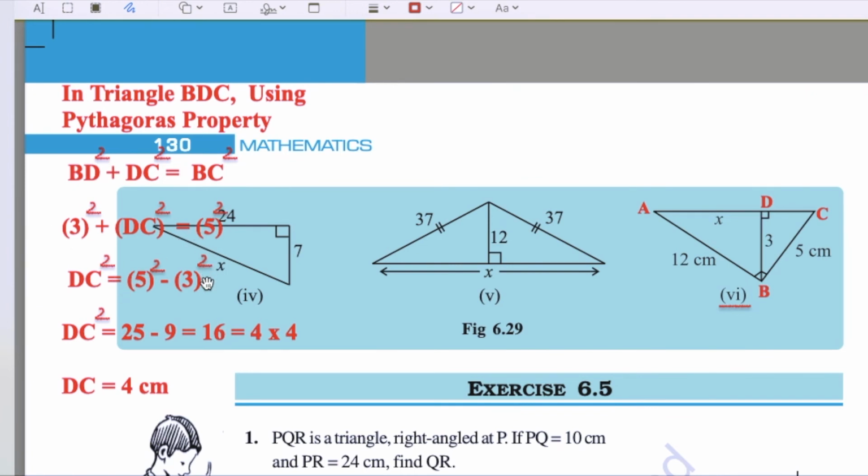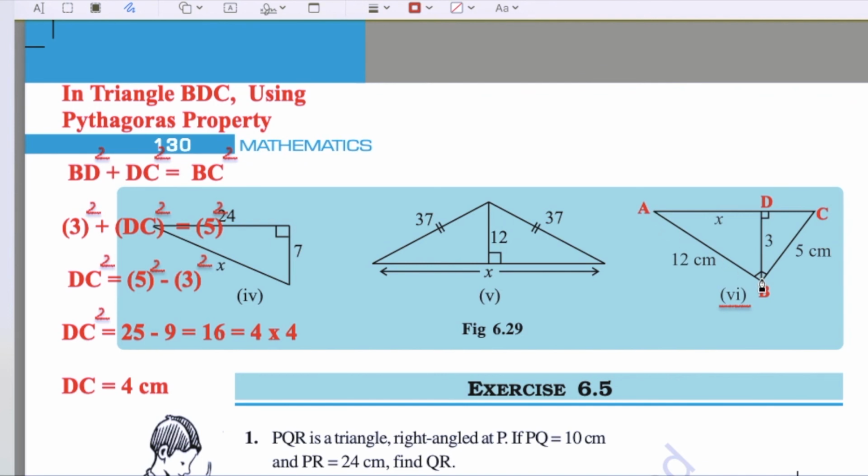So we will transpose this 3 square from the left hand side to the right hand side, so it would be in negative sign. So DC square would be equal to 5 square, 25, minus 3 square, 9. So 25 minus 9 will be 16, which can be rewritten as 4 into 4. So DC will be equal to 4 centimeter.